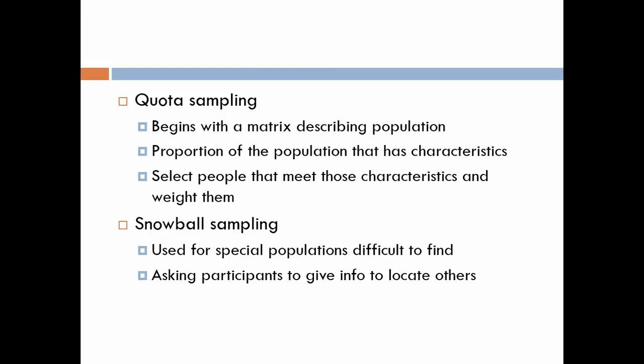Sometimes you can use quota sampling for oversampling also. In my dissertation, I did a secondary data analysis, which means that the data had already been collected. The U.S. federal government collected data on foster kids across the country, and then I did my study. I analyzed the data and chose the variables. They over-selected infants, because in the foster care system, the number of infants in the system is very low.